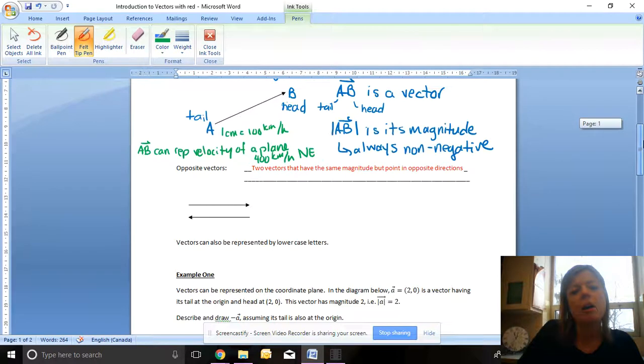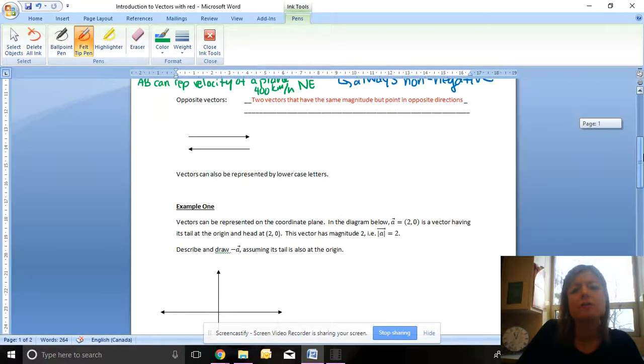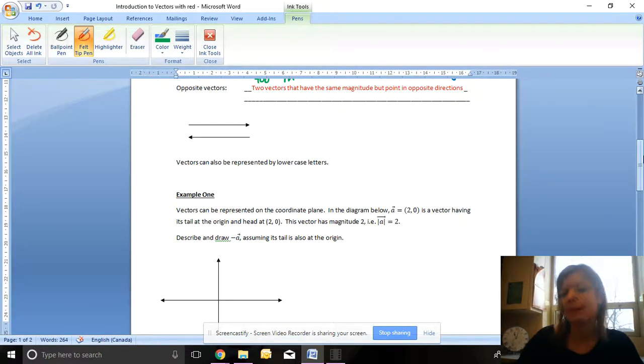Now, opposite vectors are two vectors that have the same magnitude but point in opposite directions. We could call this vector AB, and we can call this same one BA.